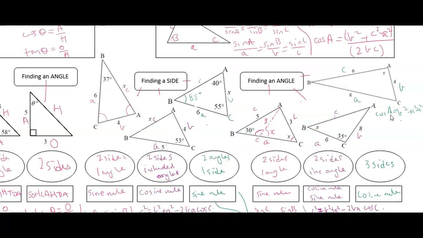I'm sorry, I don't have much space. All right, so substitute all your values in. I'm going to do that substitution, but I would like you to then go away and do everything on your own. So 4 squared plus 6 squared minus 8 squared over 2 times 4 times 6.